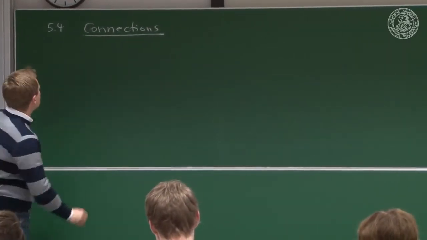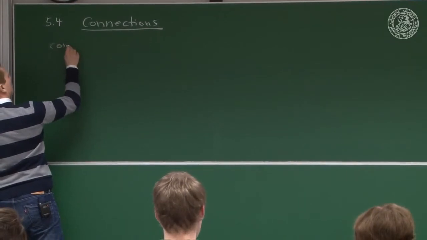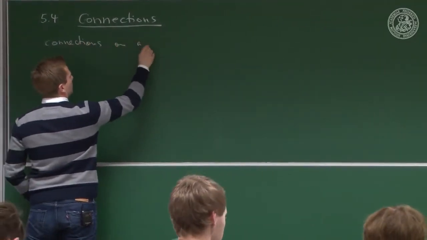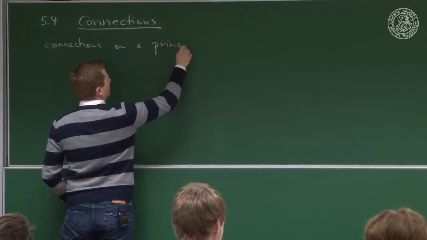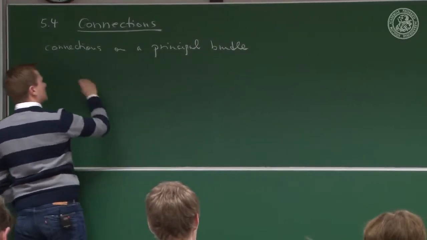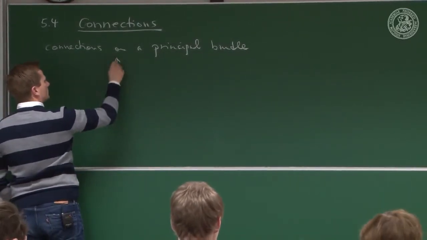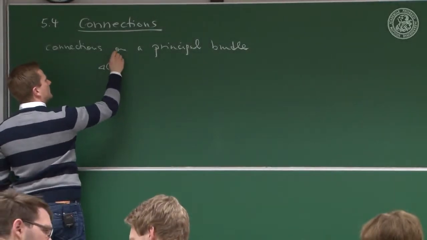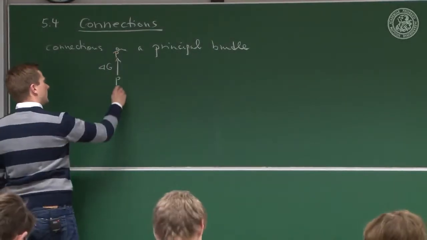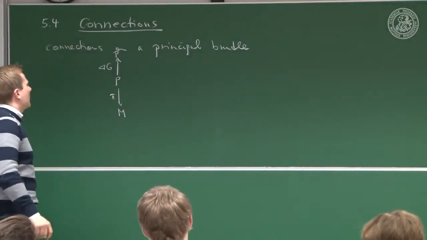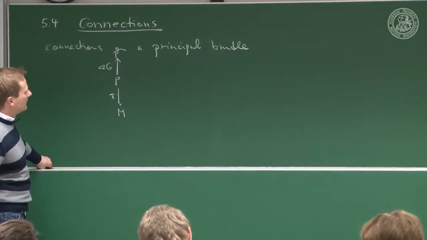More precisely, this is connections on a principal bundle. On a principal bundle, we had this right action of some Lie group G, and it's a principal bundle we're looking at.